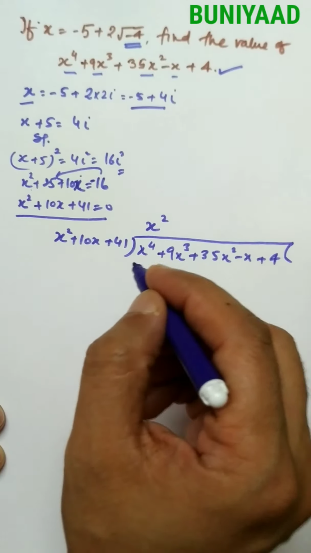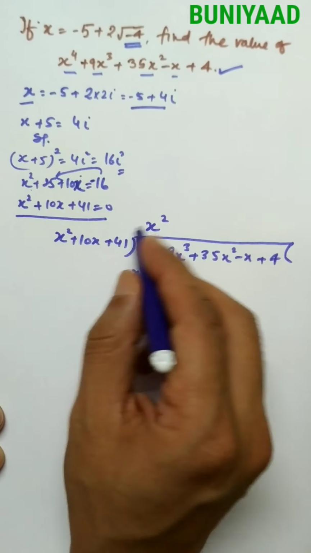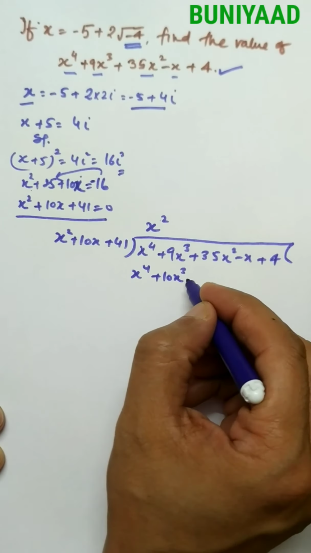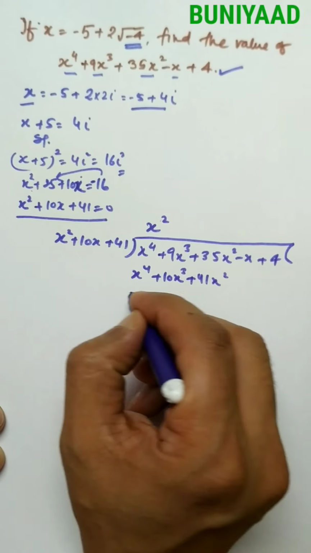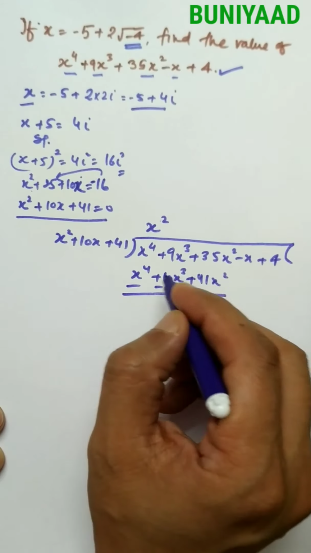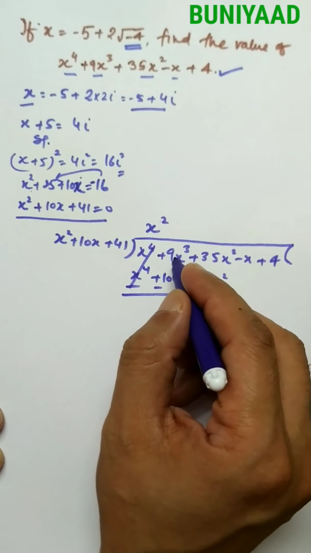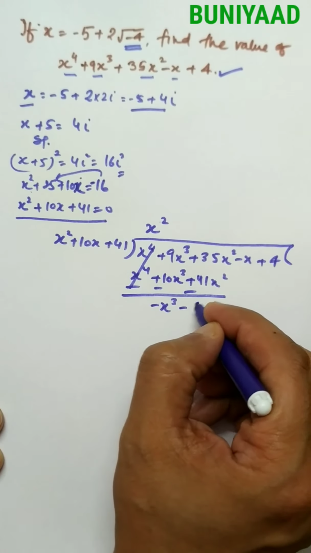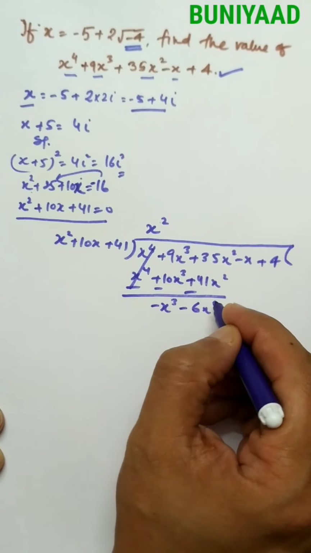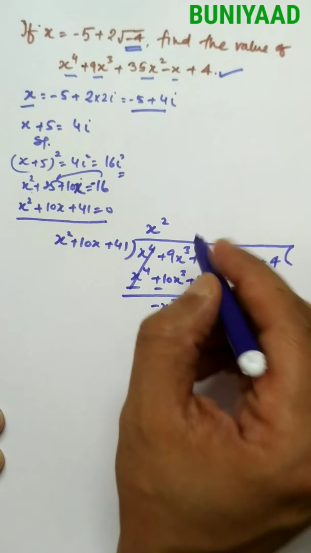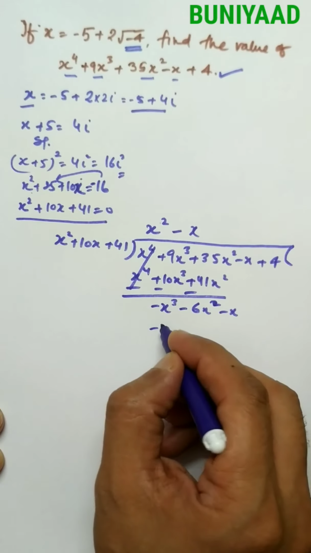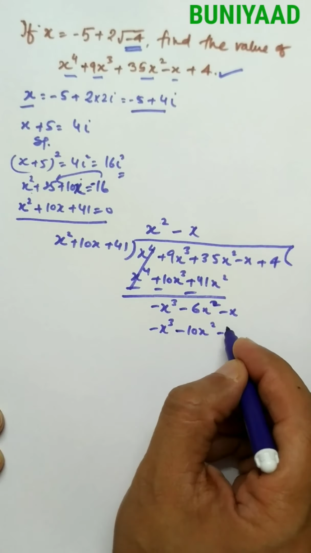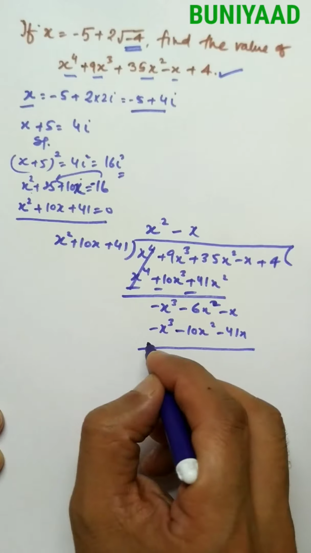This is x square, so this becomes x to the power 4 plus 10x cube plus 41x square. Subtract these two, it got cancelled. 9 minus 10 is minus x cube, 35 minus 41 is minus 6x square, minus x, and this is minus x cube minus 10x square minus 41x.